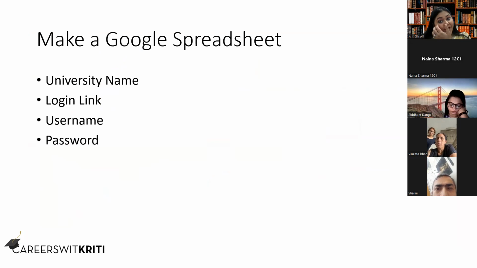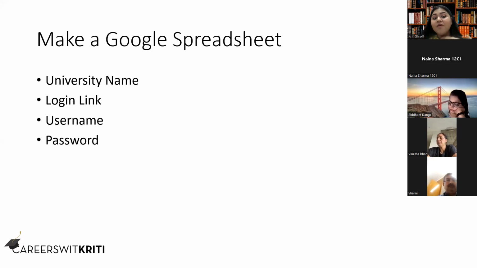Now, a very good, comprehensive way is to make a Google spreadsheet or an Excel sheet with the university name, the login link, the username, and the password for each and every university that you are applying to. Each year we get students saying, "Ma'am, I forgot my password, I don't remember my username, I got mixed up," and retrieving those can be a huge pain.